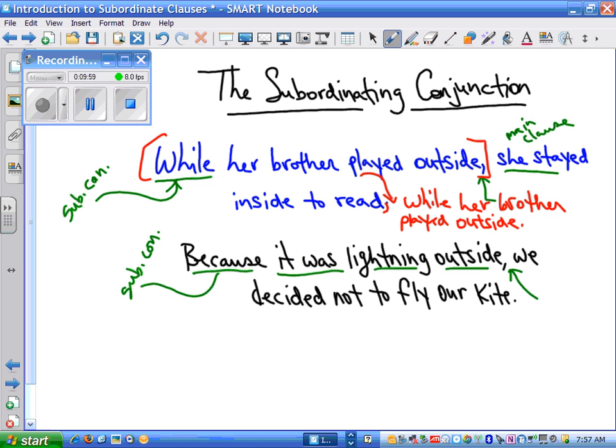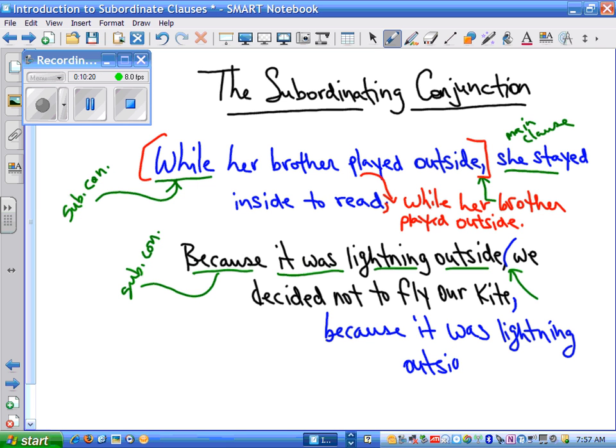Now, the great thing about this sentence is I can move that clause around. I can put that at the end, because it was lightning outside. I don't need it at the start.